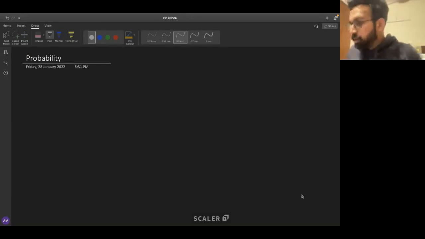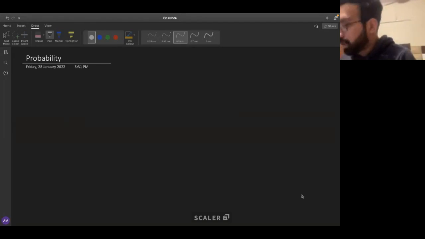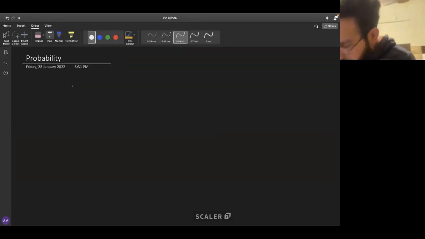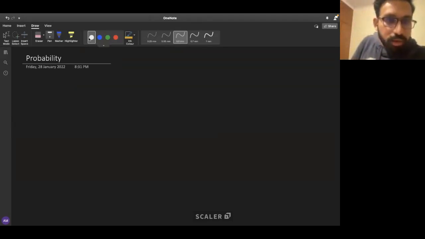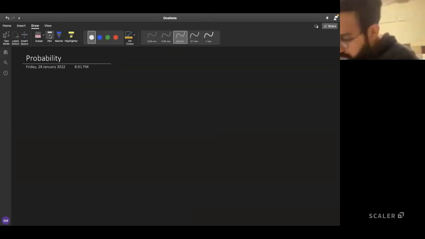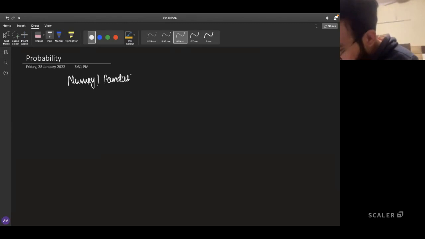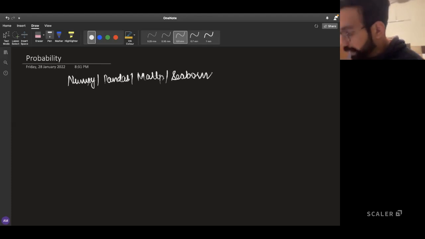Okay, so just to give you a brief idea of what's going to be the agenda for the next couple of classes. We have discussed NumPy, we've discussed pandas, we've discussed matplotlib, and we've also provided you a handout to at least get to know Seaborn.